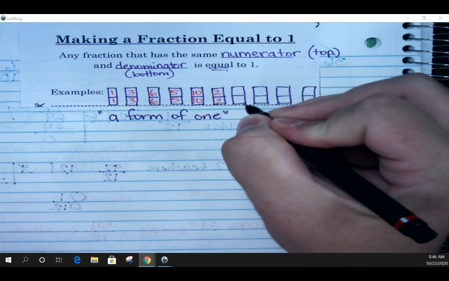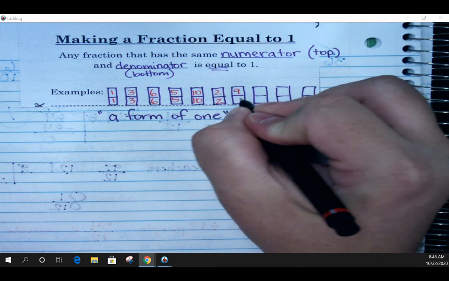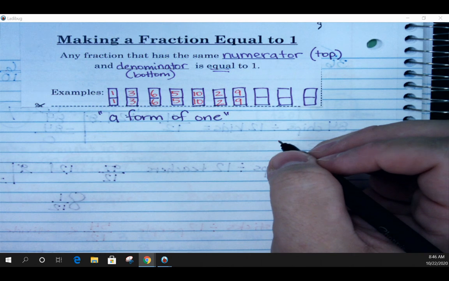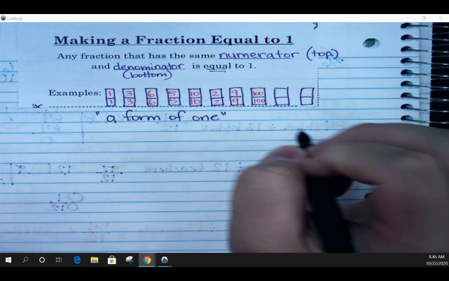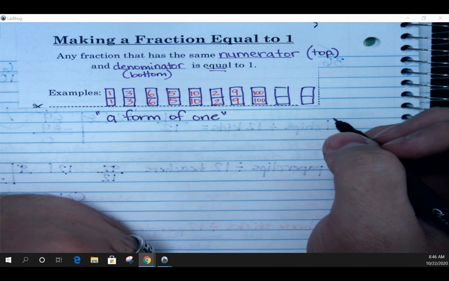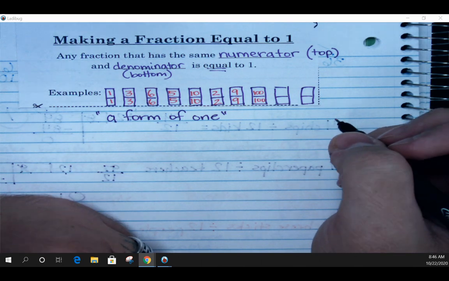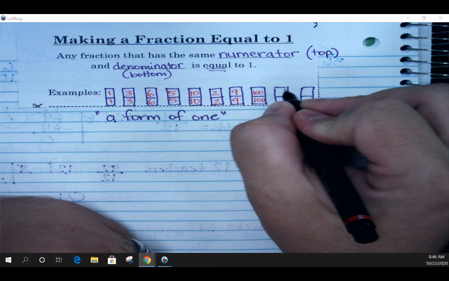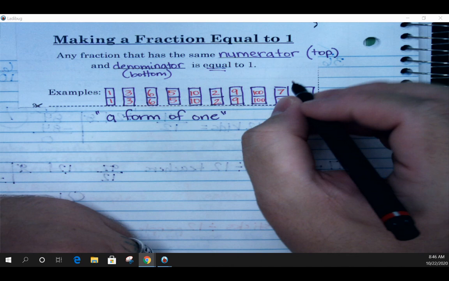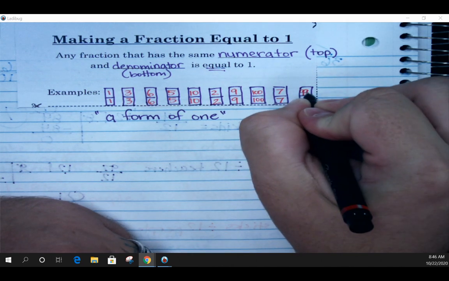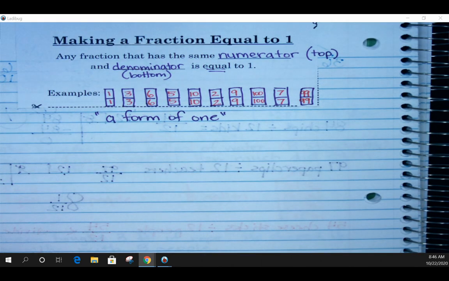Carson? Jaden. Don't get any bigger than that. Good grief. I just said not to get bigger. Kirsten? Be confident. Bryson? 99 over 99. Okay. Those are all forms of 1.